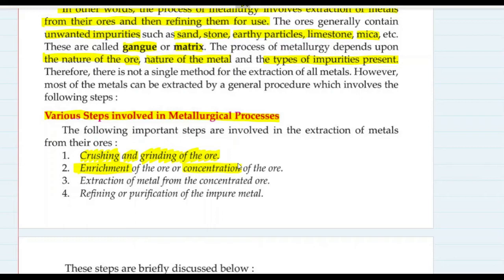Then extraction of metals from concentrated ore. Now we have got concentrated ore. Extraction can have different steps and methodology. It can be electrolytic extraction, where you directly do electrolysis of the ore, or it can be a simple reduction, where you directly reduce the ore to get the pure form, to reduce them from their oxides, or you can do roasting or calcination.